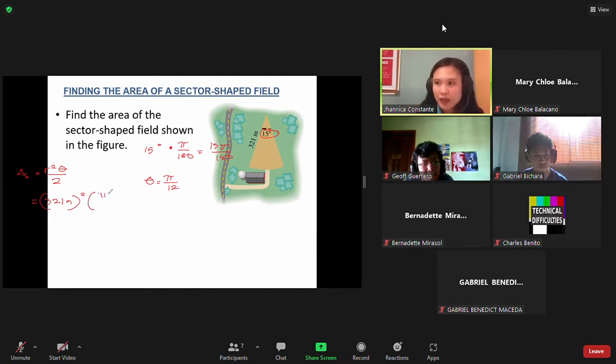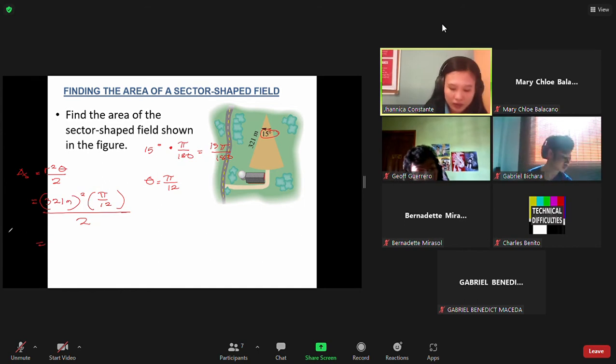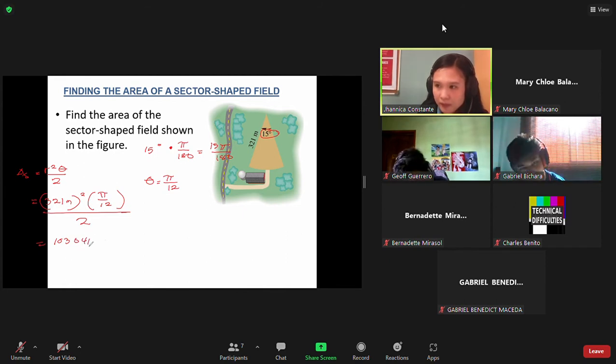So radius, we have 321 meter squared times the central angle in a form of radian, which is pi over 12, divided by 2. So 321 times 321, or 321 squared, is equal to 103,041 times pi over 12 divided by 2.